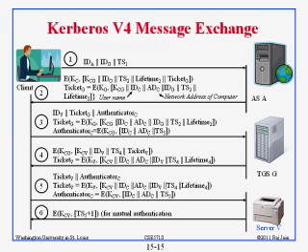If it goes to some other server, the other server will not be able to decrypt this ticket and will not be able to return this part. So there is a mutual authentication. The client authenticated with the server and the server authenticated with the client.